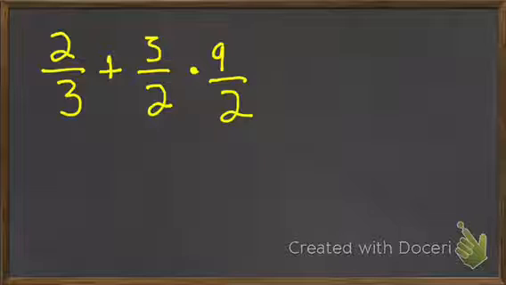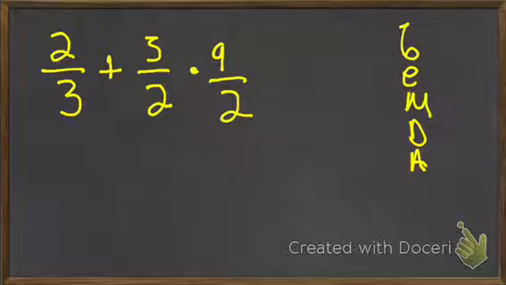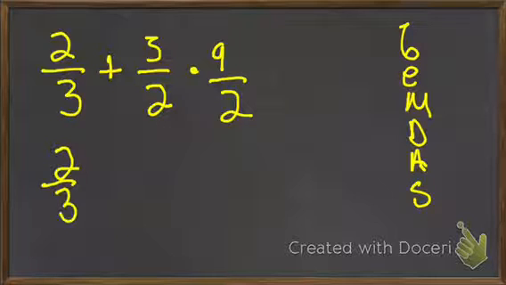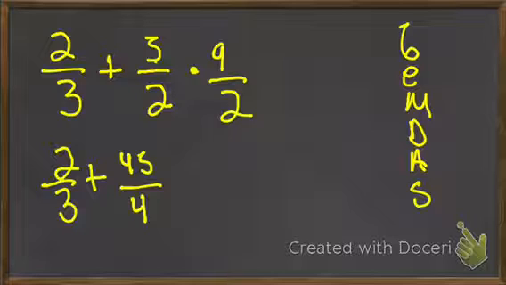For order of operations, we can use PEMDAS or whichever you like. Using it, it tells me that I need to multiply first before any addition. So I'm going to rewrite my 2/3 plus 5 times 9, which gives me 45, over 2 times 2, which gives me 4.